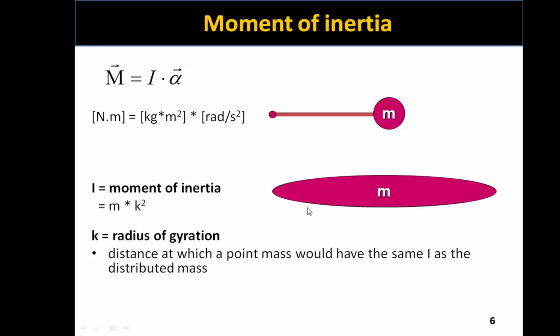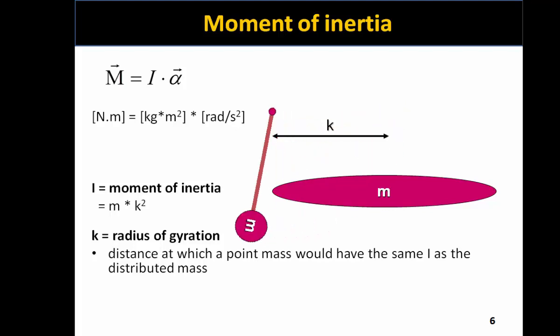So in these two examples, we'll start with the lower one here. Here we see an object where the mass is distributed in this manner. If we took this mass and concentrated it to a single point, as we see in this case, how far would this mass have to be from the point of rotation? That distance is simply referred to as k, the radius of gyration.